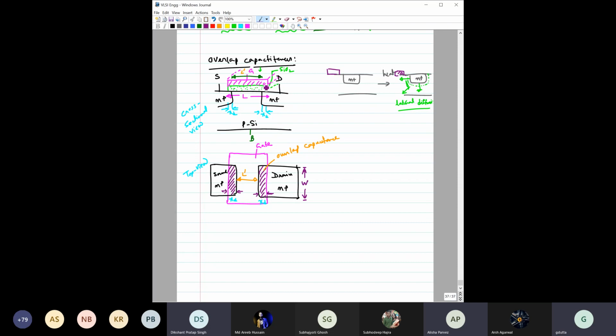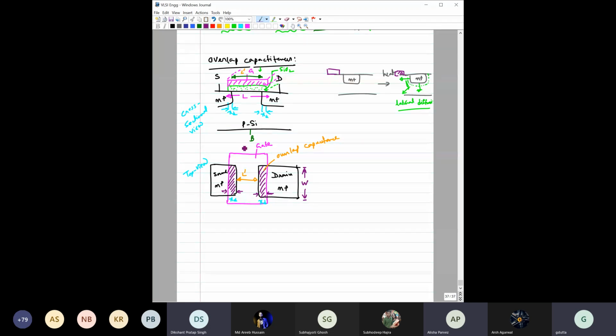So remember, only for this type of device, you should have an overlap between the gate and the drain and source regions. But is it intended? Actually, no, because that creates this type of overlap capacitance, which is not a good thing for us.